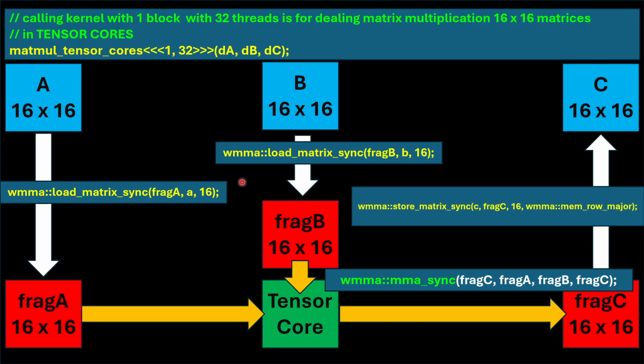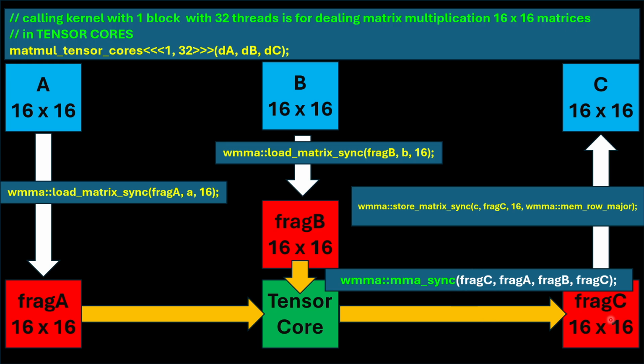This is enough for the matrix multiplication and adding to be done inside the tensor core. We do that with the MMA instruction, matrix multiply and add sync: fragment A, fragment B, and pick up from C and store everything in fragment C.